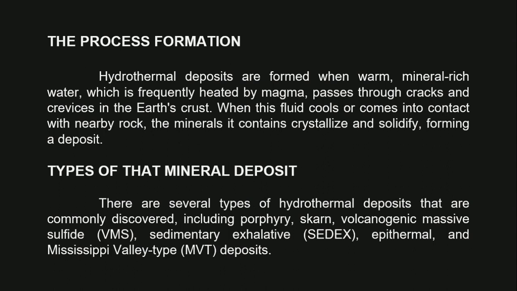So, there are several types of hydrothermal deposits that are commonly discovered, including porphyry, skarn, volcanogenic massive sulfide, sedimentary exhalative, which is SEDEX, epithermal, and Mississippi Valley type or MVT deposits.